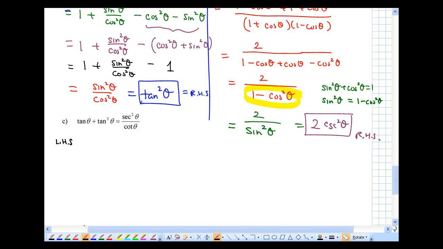It's easier to get 2 terms into one. And because I see tangent theta in both terms, I'm going to factor that out. That's my first step. Okay? You can decide how you want to approach this. If you want to continue in changing to sine and cosine, you can. I'll let you try this on your own. Okay? Try it.